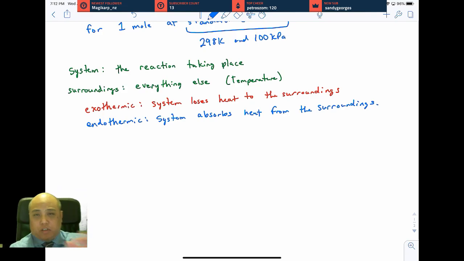Okay, so these terms we're going to use with respect to heat and enthalpy itself when we're trying to describe a reaction. So is a process exothermic or endothermic based on the value of delta H or even Q, which is also known as heat.